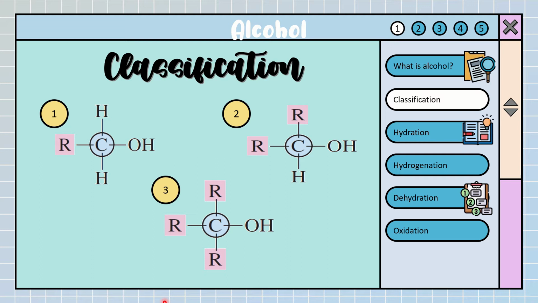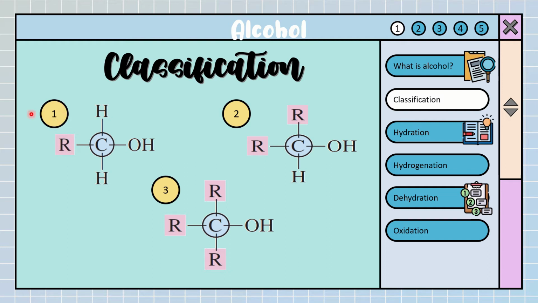To simplify, in classifying the alcohol, we only need to see where our hydroxyl group is bonded. For example, the carbon to which our OH or hydroxyl group is bonded will have only one R group or one carbon.